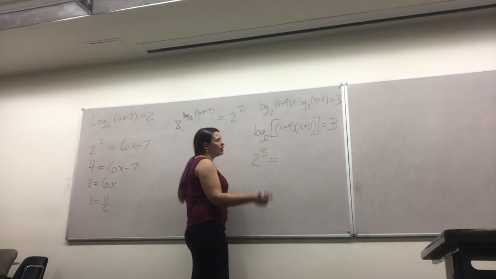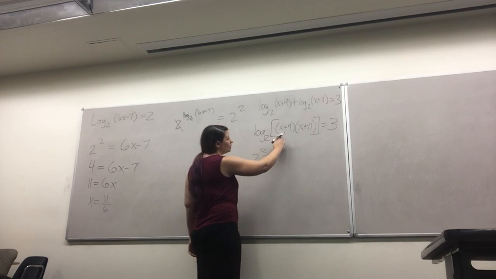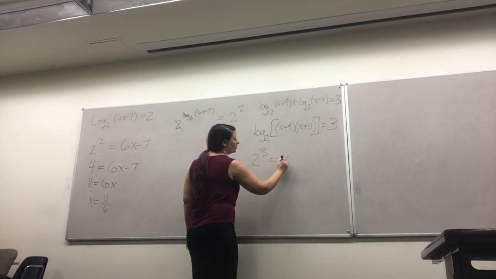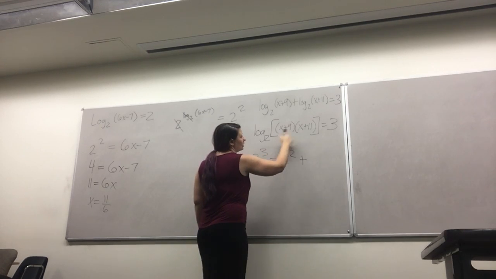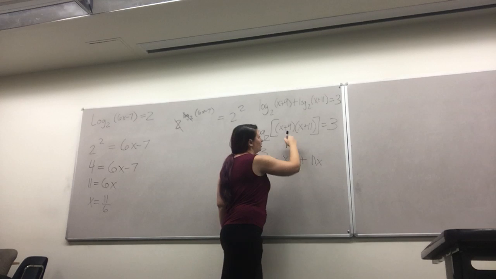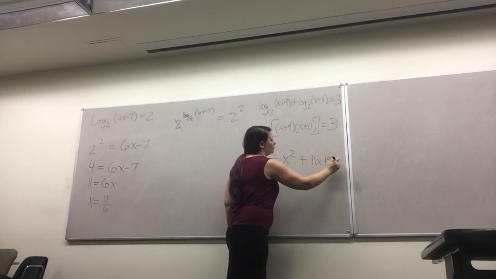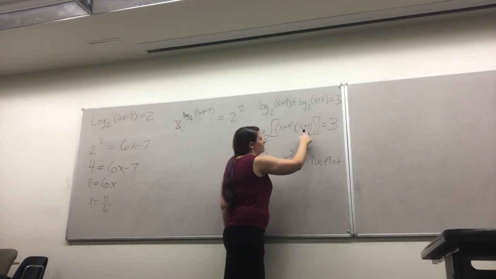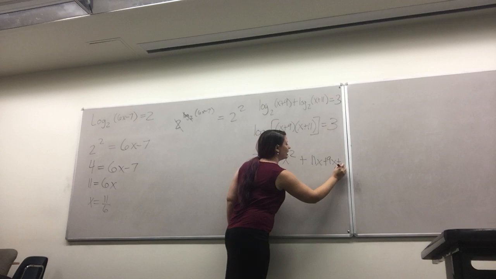So let's go ahead and FOIL it out, right? So we have x squared plus 11x plus 9x plus 99. Ran out of room.